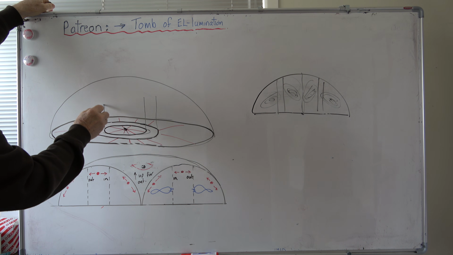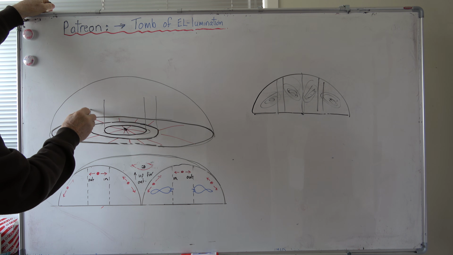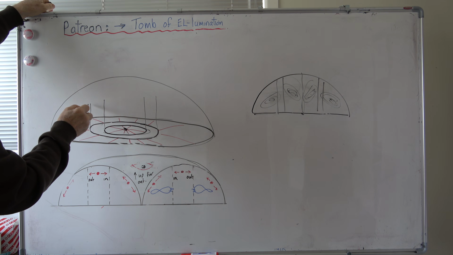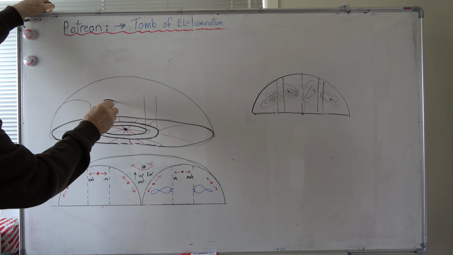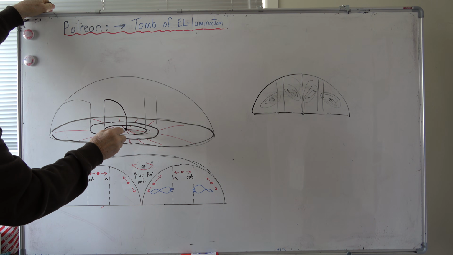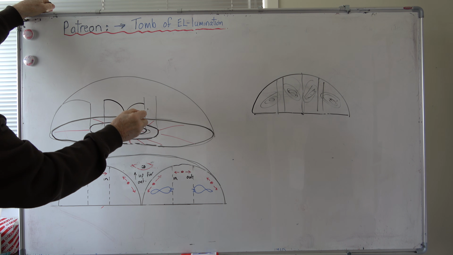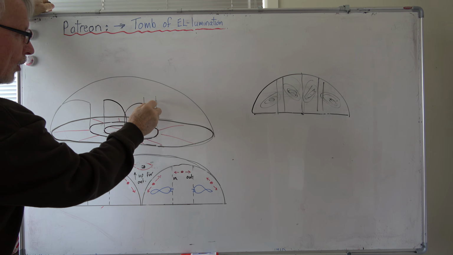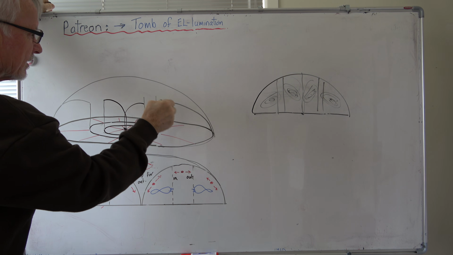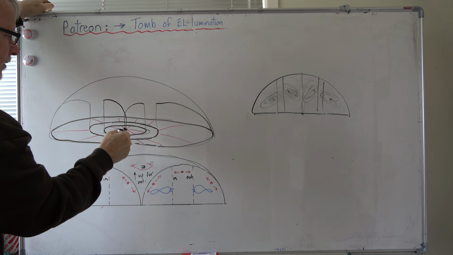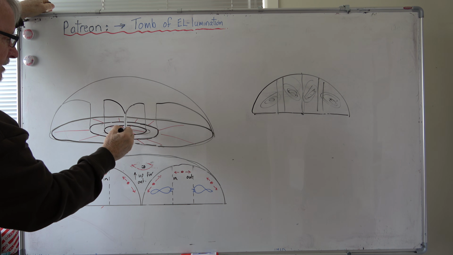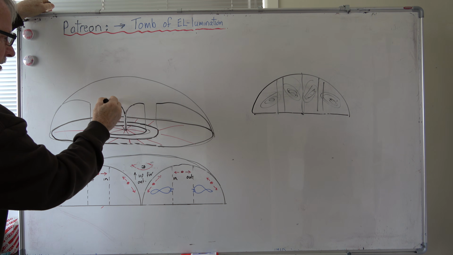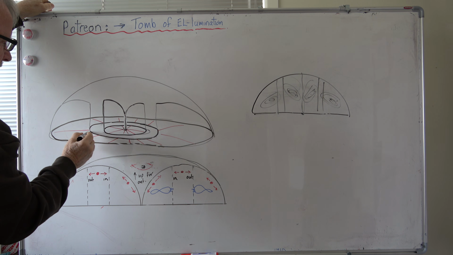Straight up like this. Over there like that. And over there like that. They don't cross over there, that's a central vortex. Okay?